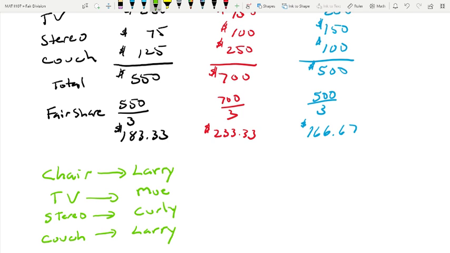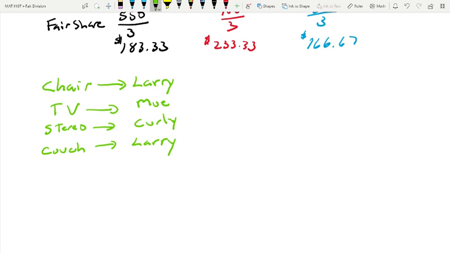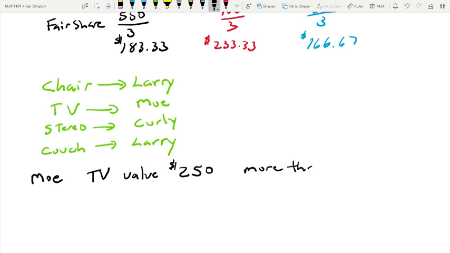Let's go through our people, first Mo. Mo got the TV. The value of the TV for him was $250, which is more than his fair share of $183.33.